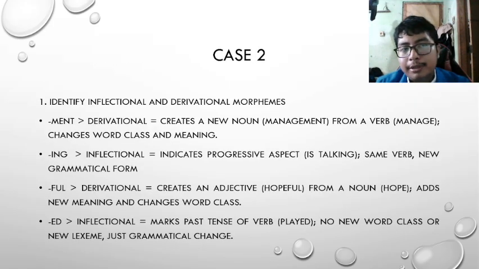Case number 2. Identify inflectional and derivational morphemes.